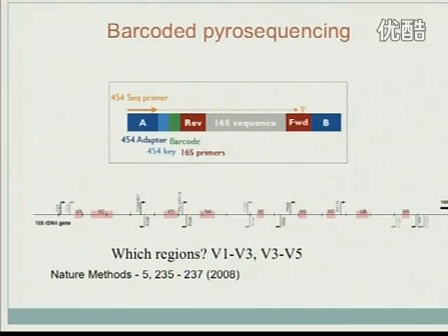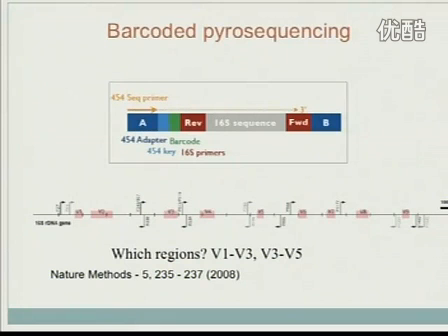Usually people design primers like this one so that you get fragments covering hypervariable region 1 and 2, or 1, 2, 3. You get those amplicons and send them to the sequencing centers, which give you reads of about 400 base pairs. Hopefully that covers some of the hypervariable regions, but definitely not the entire length.